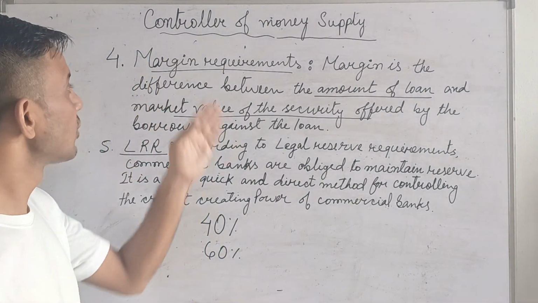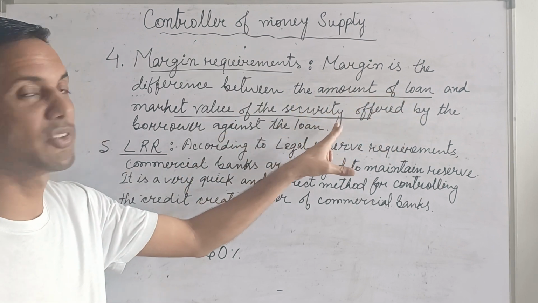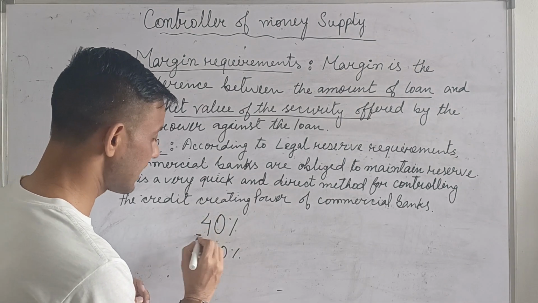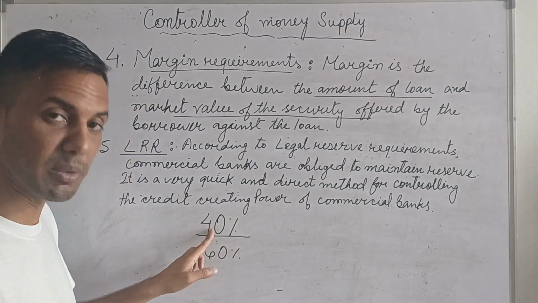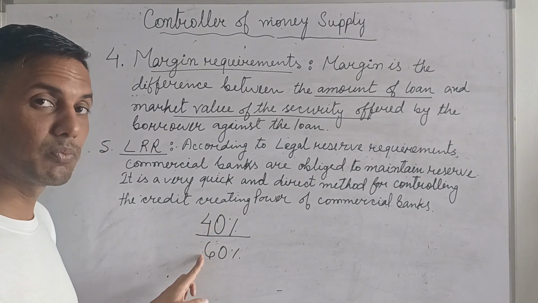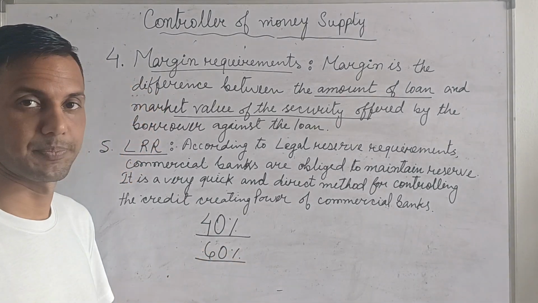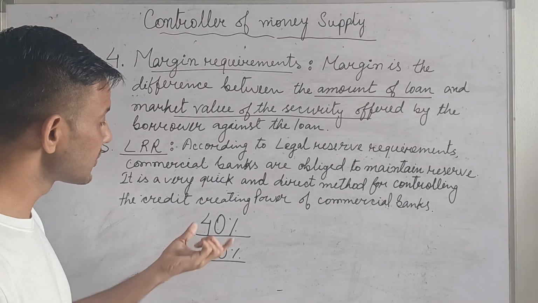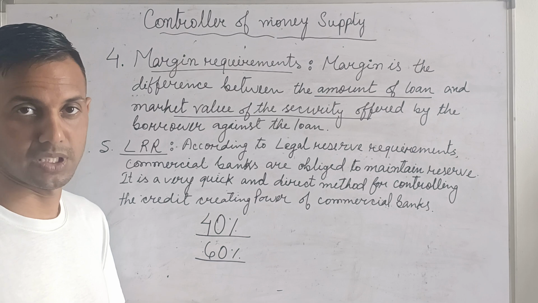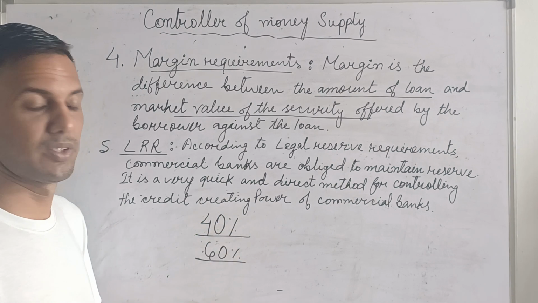Is it clear? So if the central bank says that the margin requirement is 40%, it means commercial banks are allowed to provide a loan of only 60%. So more margin requirement means less credit creation, and less margin means more credit creation.